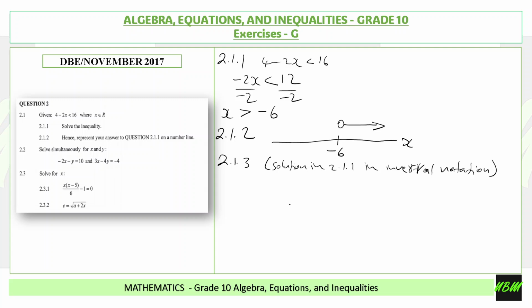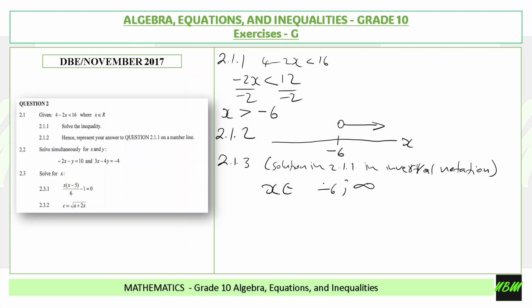We did that in the previous two questions. So our variable x, element of from to, remember from to, so is from where? Is from negative 6 to positive infinity.